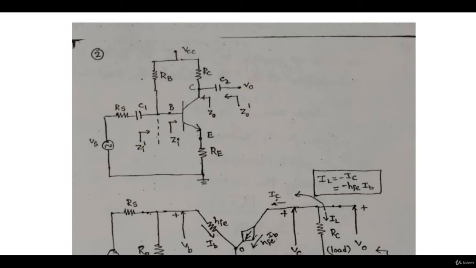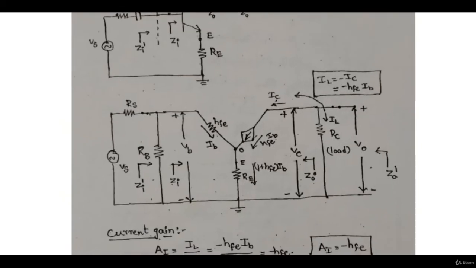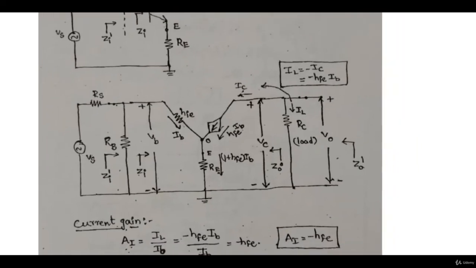Okay, so here RS is the source resistance, source voltage, C1 is the capacitor, C2 capacitor, RC, RB, and VCC is the supply voltage. So first we will replace the transistor with its H parameter. You can see here, this is how it will look.